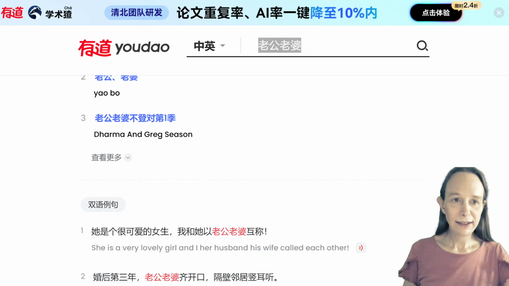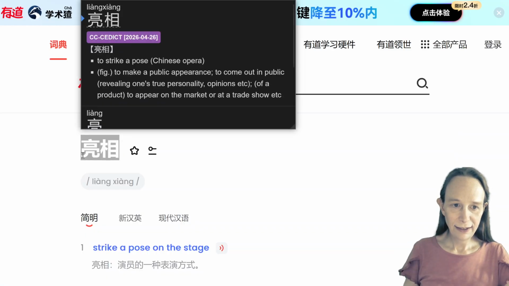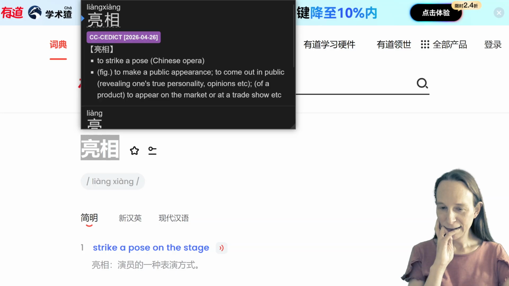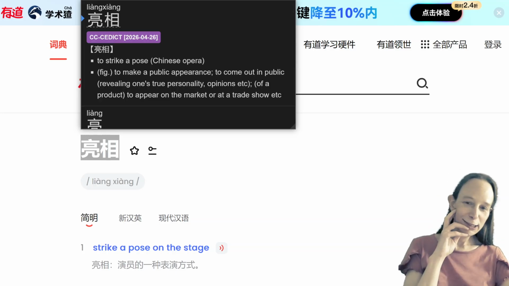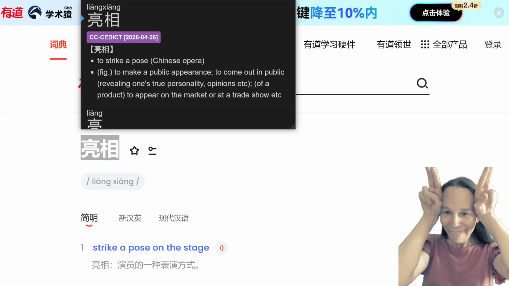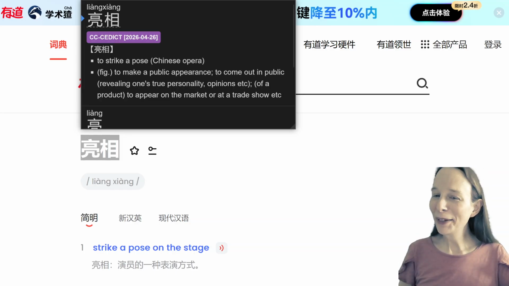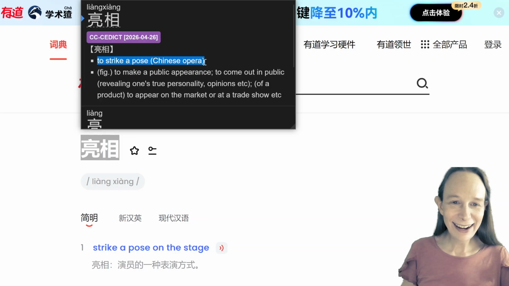Let's look at this one. 亮相. This one, strike a pose. I don't know. I like more comical poses. All right, to strike a pose.